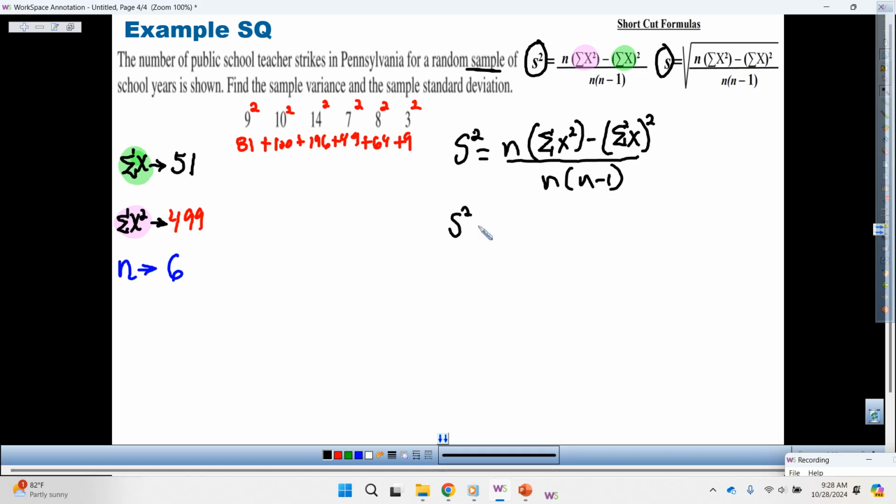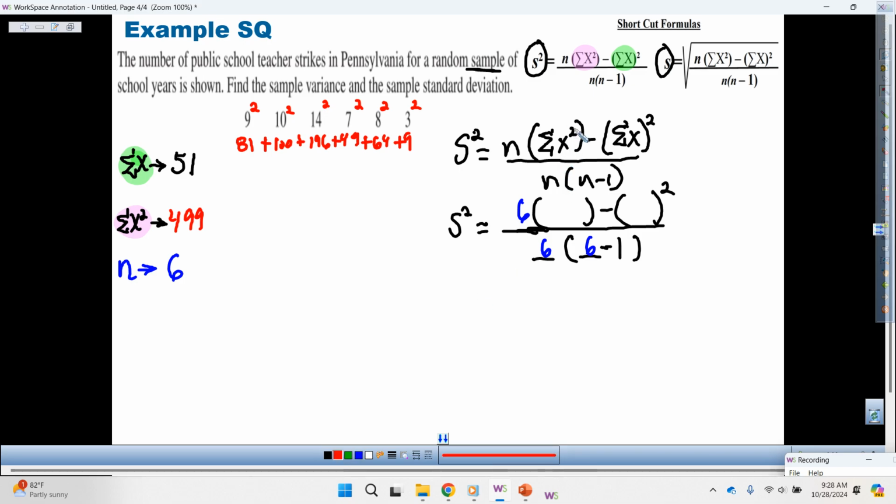So, variance, we got blank minus blank squared over blank times parentheses blank minus 1. All right. So n is 6. Here we go. 6, 6, 6.